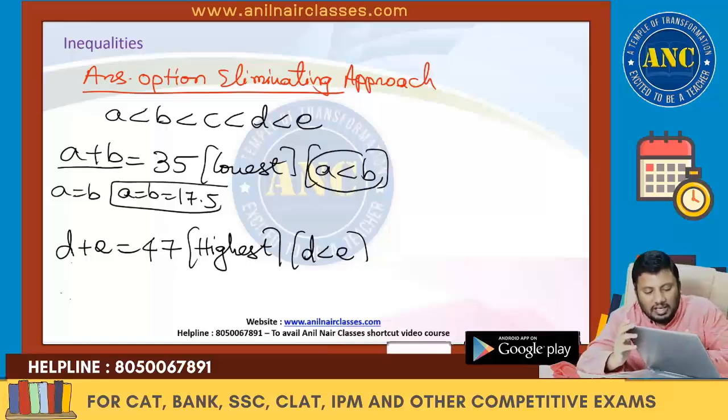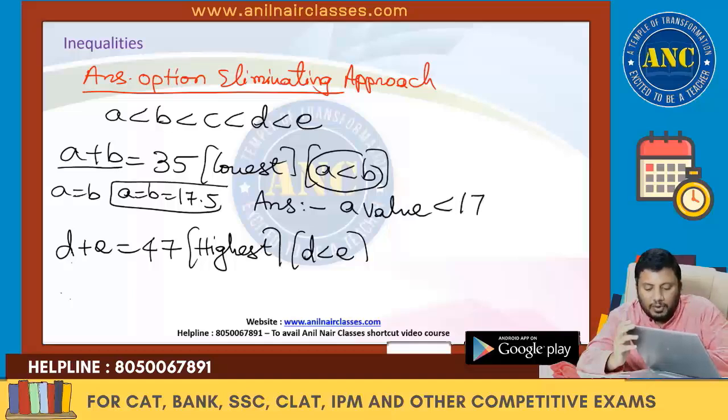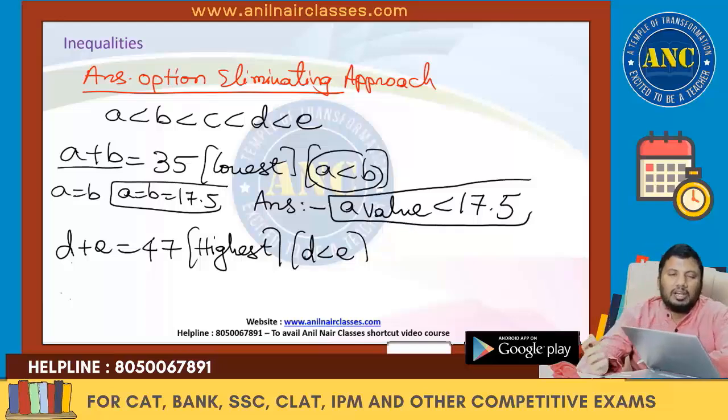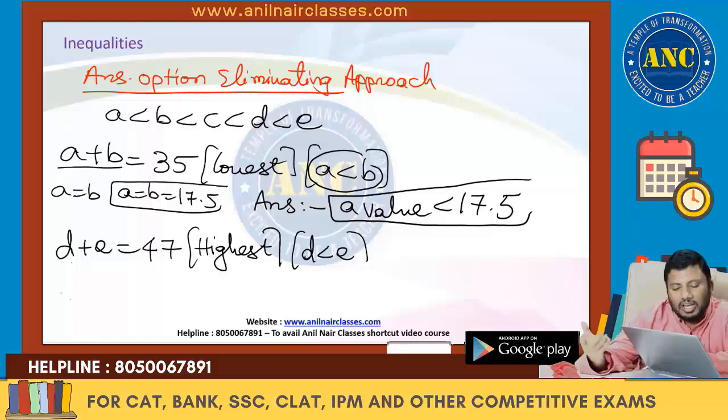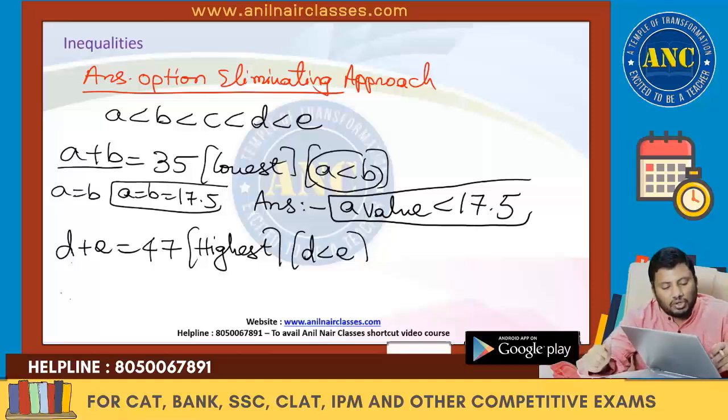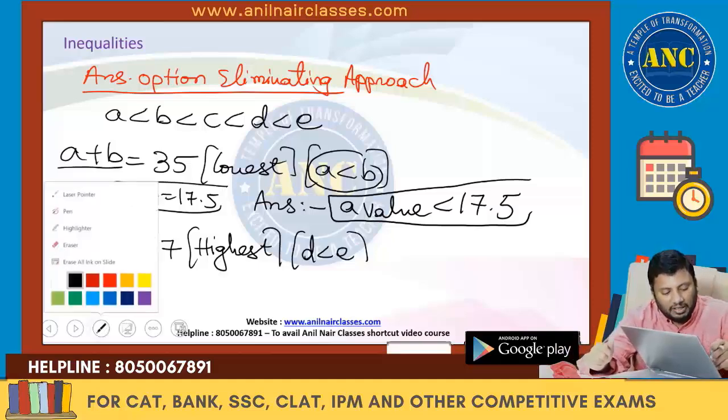But A is less than B. So A value should be less than 17.5. Sum of the two is 35, and when they are equal, they will be 17.5. But A is less than B, so A value should be less than 17.5.